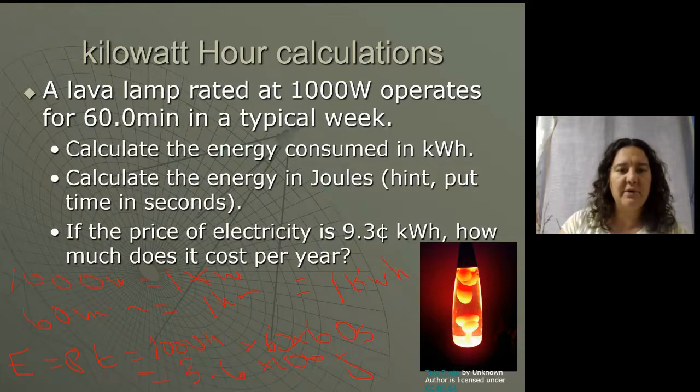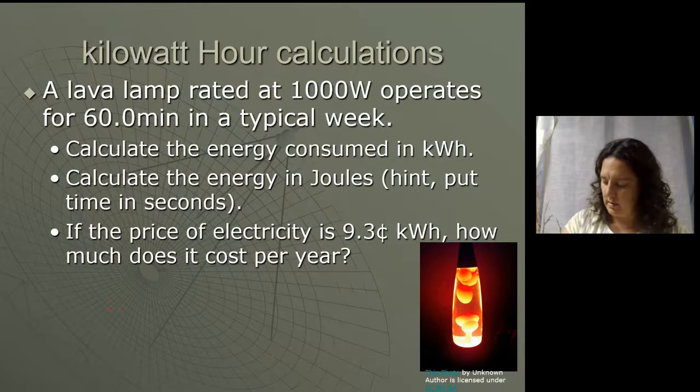So now I want to see how much does it cost to run this lava lamp 60 minutes a day for a year. So I'm just going to erase this so that I have room. So we calculated before, we have 1 kilowatt hour per week that we ran this lamp.